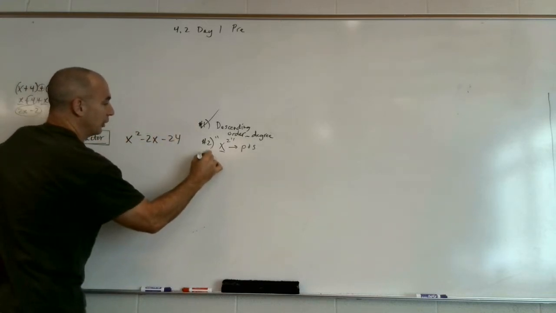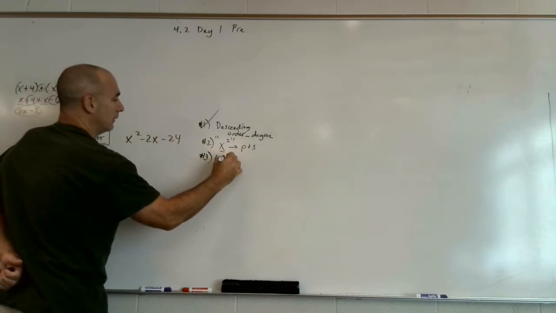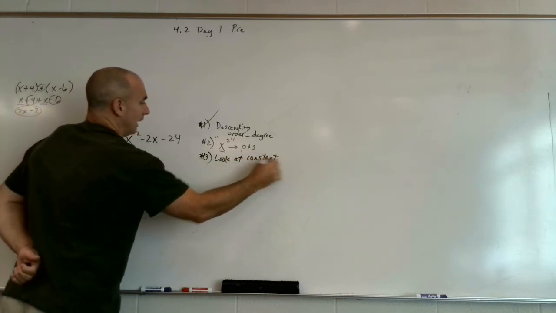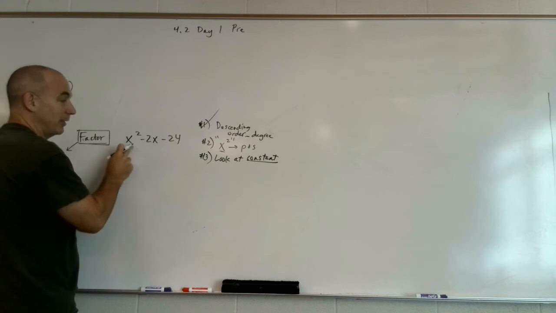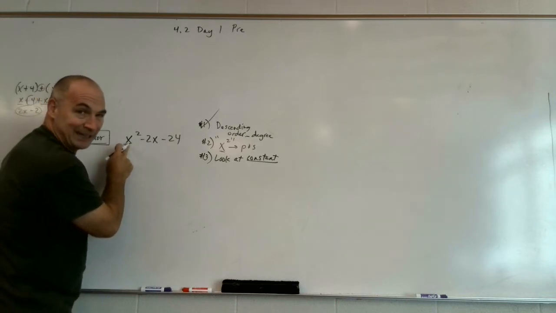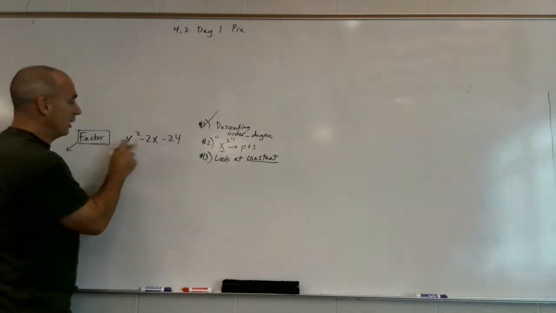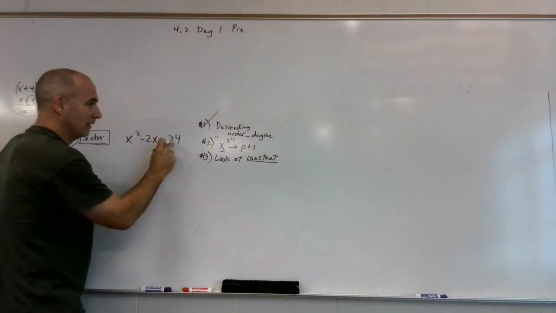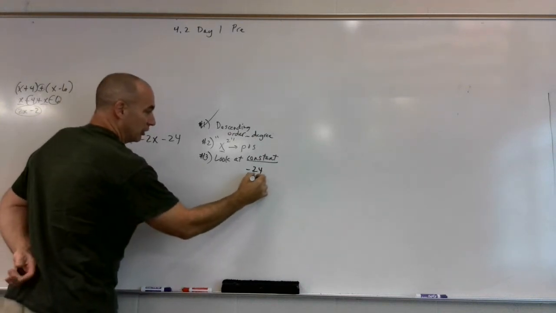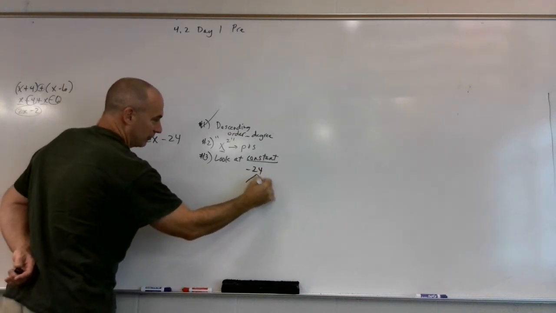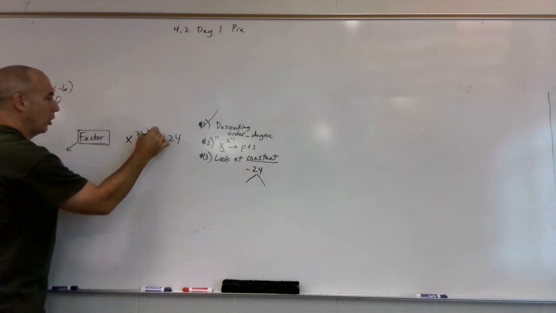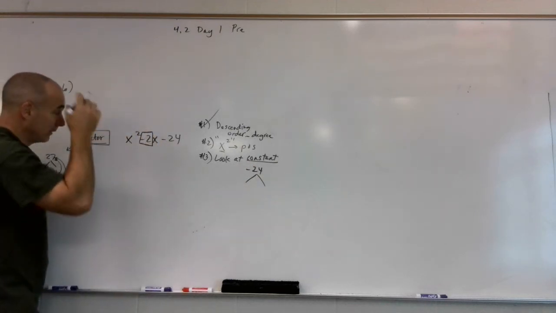And the third thing you're going to do is look at your constant. What's your constant? That's the part of the trinomial that's never going to change. Now, what are these called? Variables. These vary. These can change. So my constant needs to be negative 24. And what you're going to do here is try to find two factors of this number that add up to the middle coefficient.